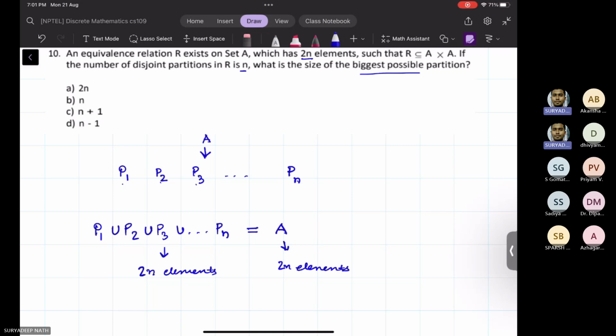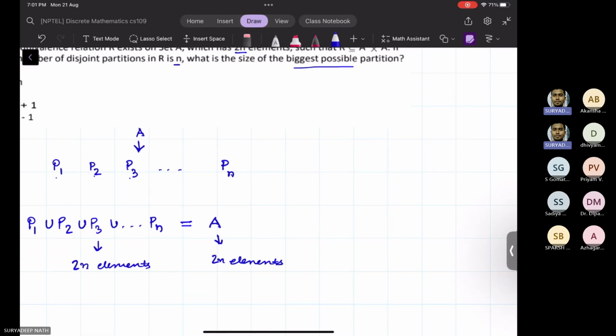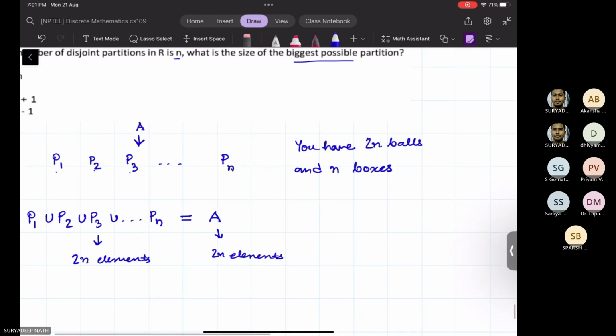Let me write this problem differently. You have 2n balls and n boxes.